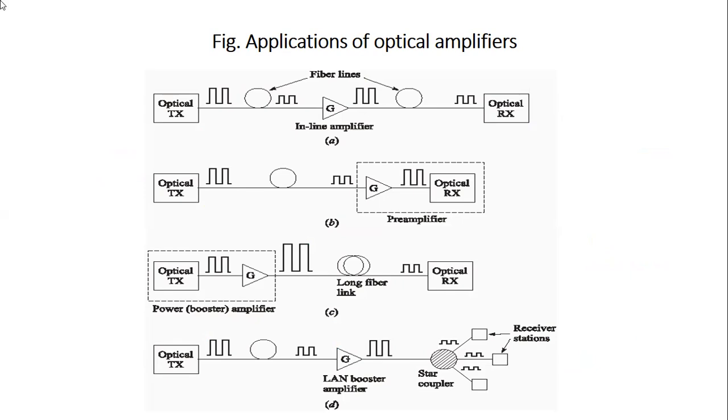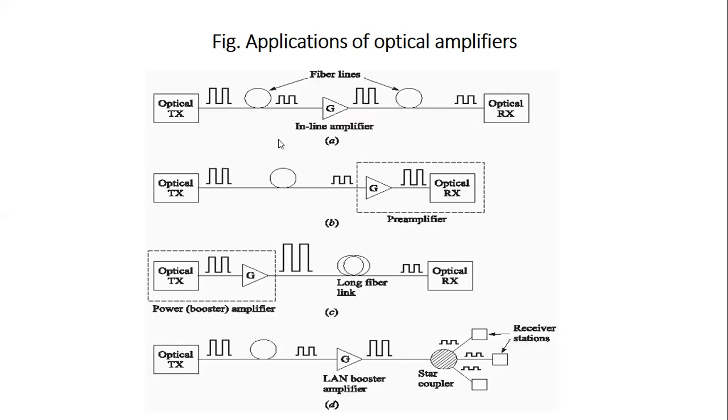Here you can see the four possible applications: an inline amplifier; next, we are using the optical amplifier as a pre-amplifier; then the optical amplifier is used after the transmitter as a power booster; and this is the last, in which we are boosting the power of the optical signal in this LAN network. So we will discuss them one by one.